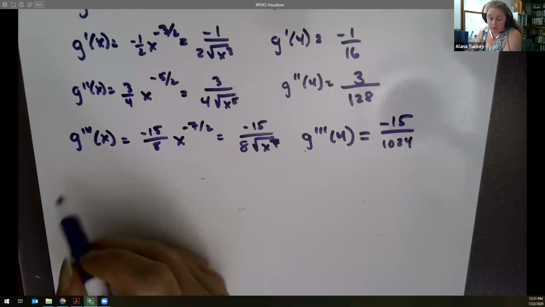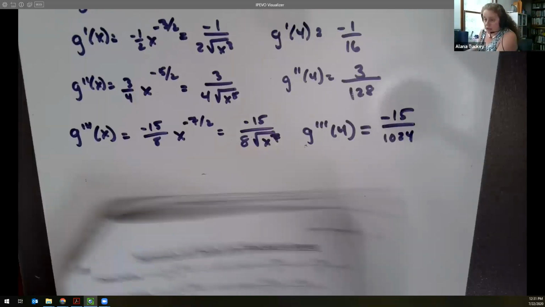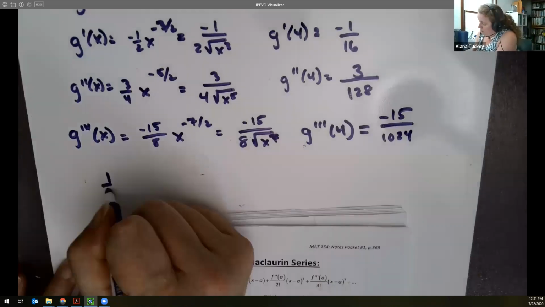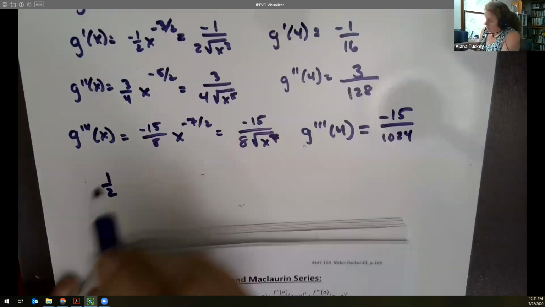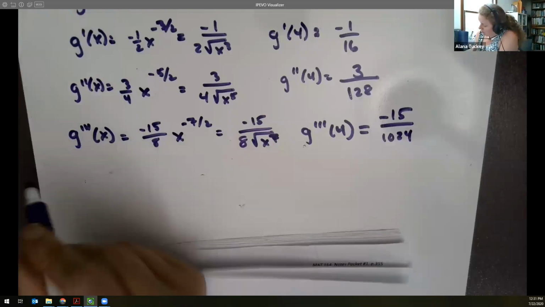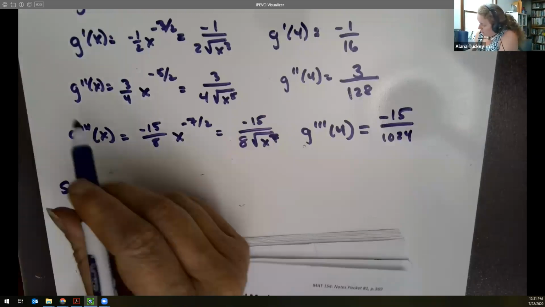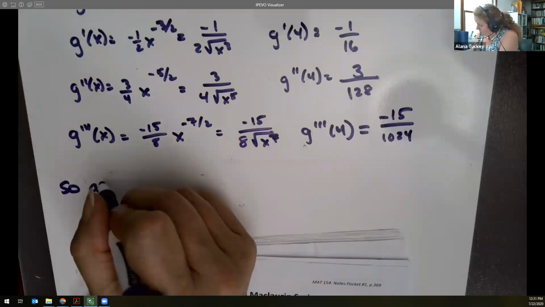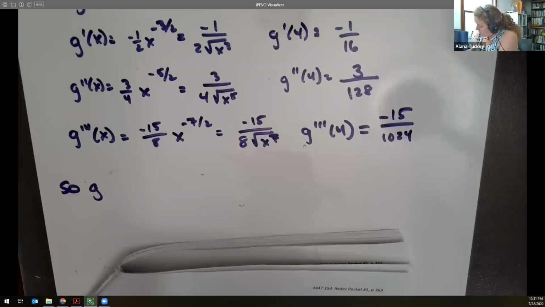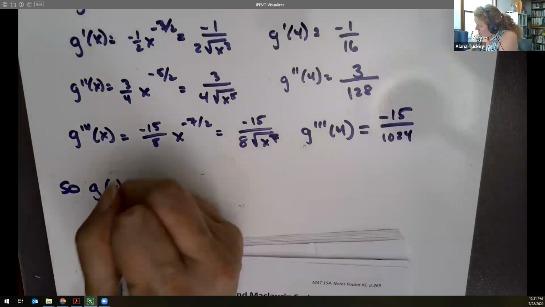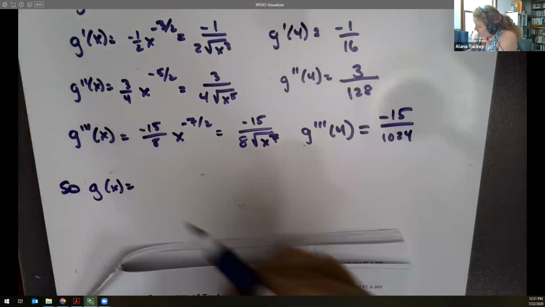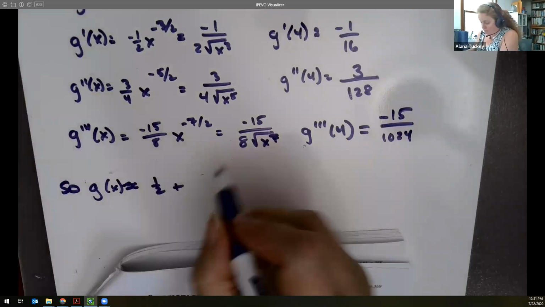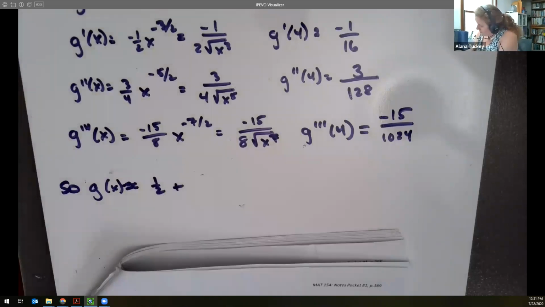All right, so then the first 4 terms. So now I'm ready to substitute. So I'm going to just plug in right here. So I start with f of a, which was 1/2. Oh, shoot. Let me just say, g of x is equal to, roughly, 1/2 minus, because it's a negative, right?